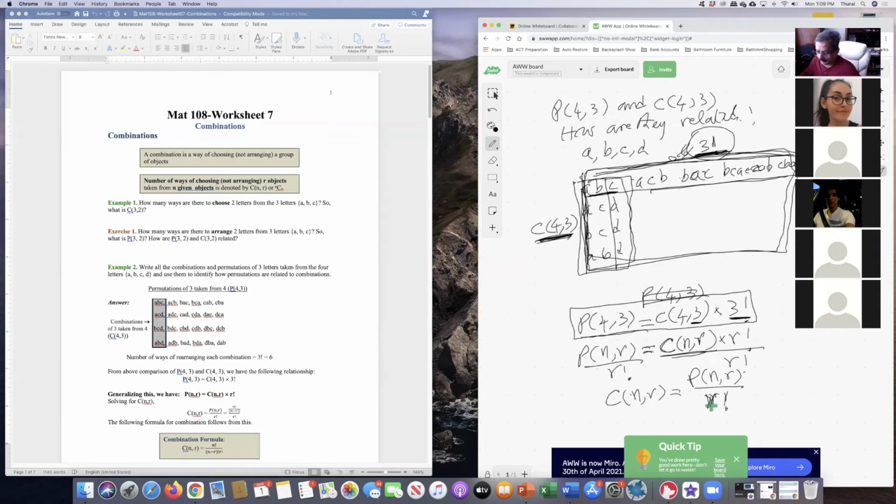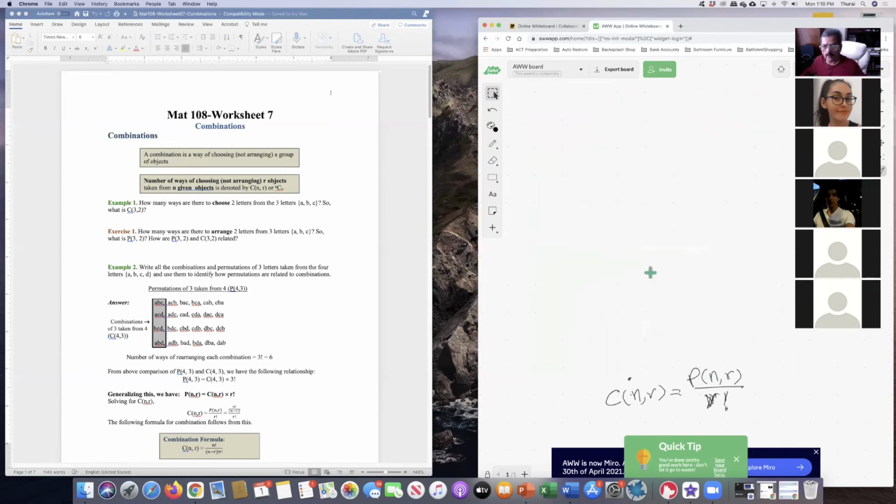But we don't want to leave the formula this way. I'm going to go further and reduce it to another form that will be more convenient for us to use. That means I'm going to have to use a little bit of algebra here. So if you're good in algebra, you'll understand this better. Okay, so C(n,r) equal to P(n,r) over factorial r.